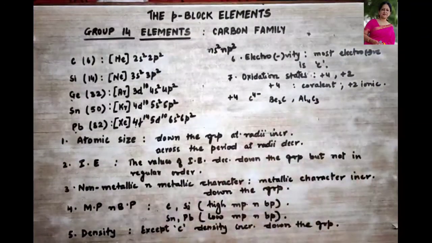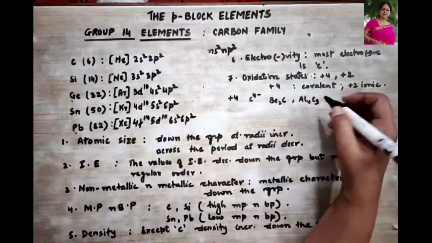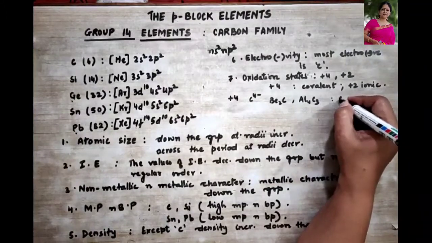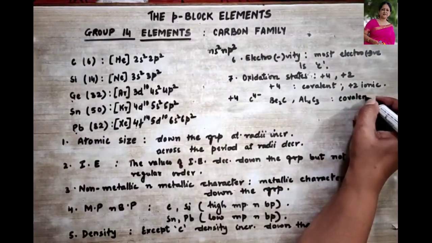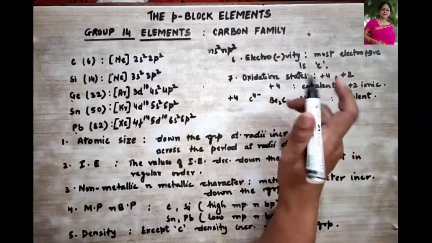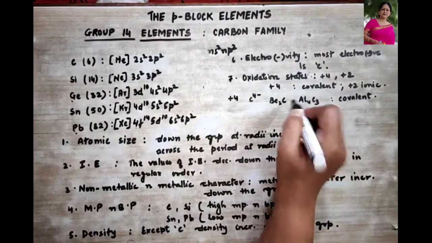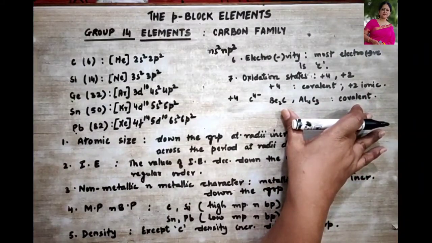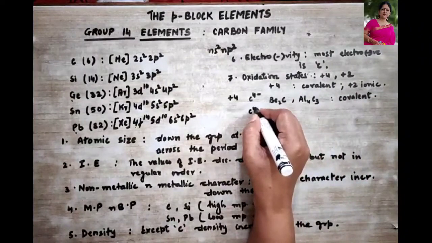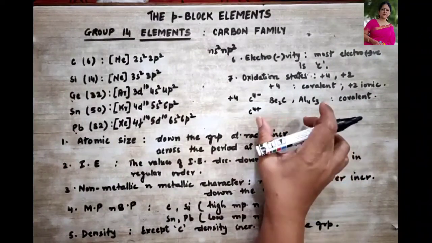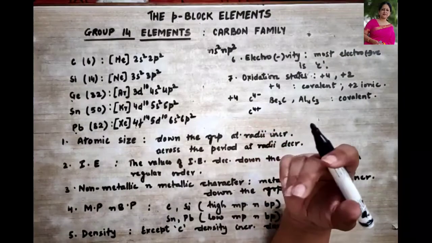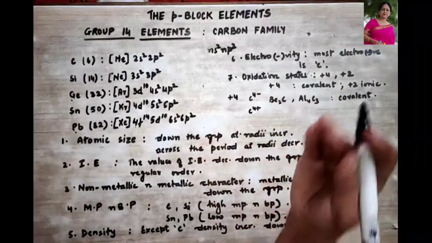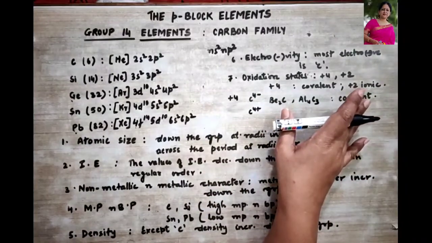So over here, this element carbon shows +4 oxidation state, and what nature does it show? Covalent nature. Why so? Because over here carbon needs very high energy to add 4 electrons. Fine. Now let's talk about the C4+ ion. This formation is energetically unfavorable. Why? Because very high energy is required to remove 4 electrons from here, right?